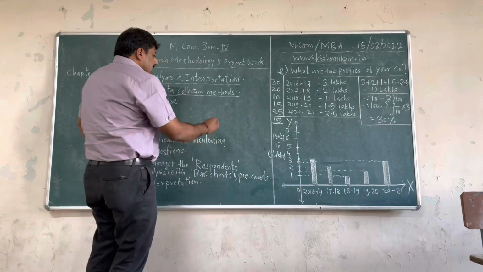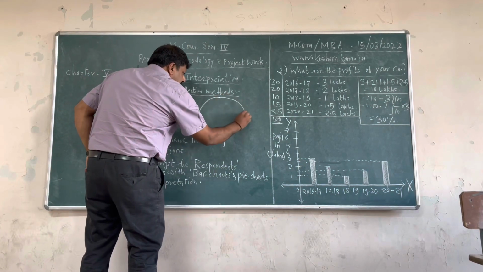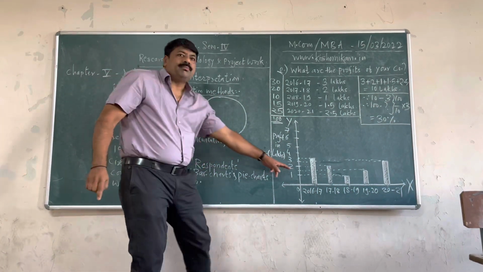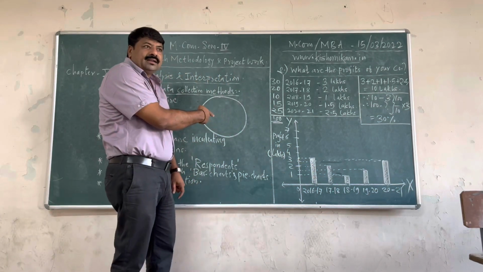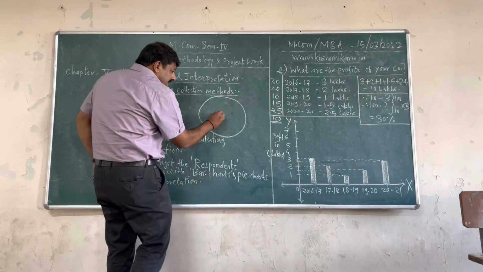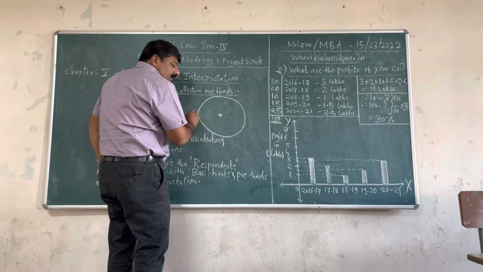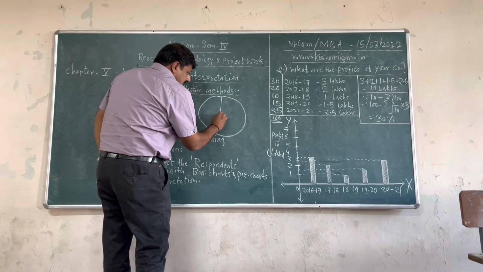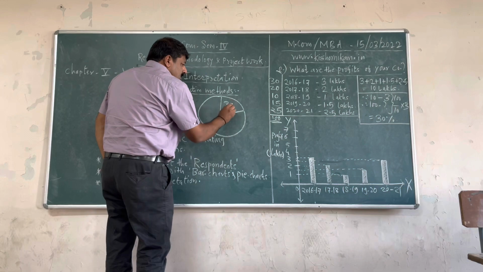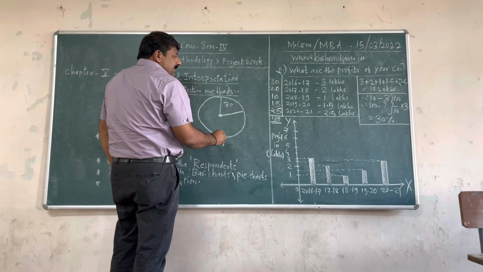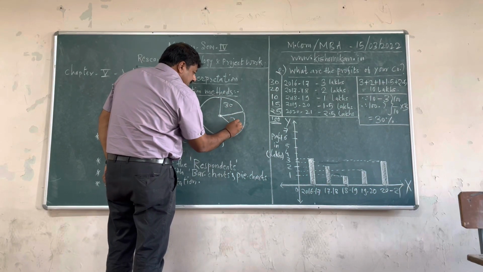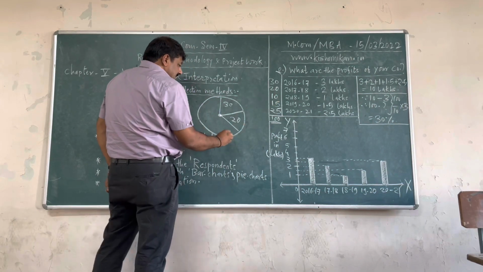Same way you can take a pie chart. So this is called a bar chart. This is a pie chart. This is 100. Out of 100, this is the center point. Okay. This is 30%. 2016-17. This is 20%. 17-18.